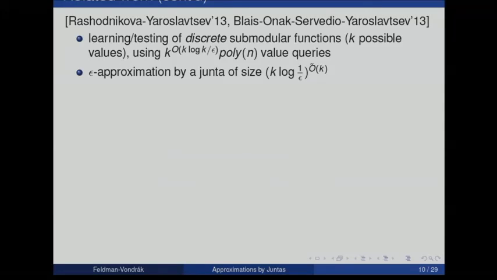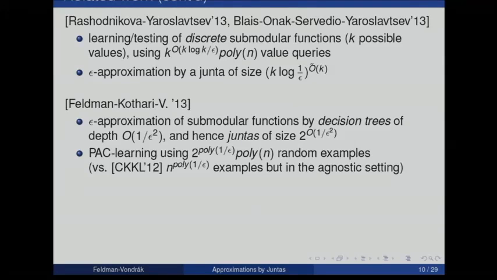And the size of the junta is roughly k to the k, with some epsilons involved as well. So they basically asked the question, how well can we approximate these functions by juntas? And there's a natural connection, because if you know that you can approximate well and you can also discover what the variables are, then you can learn the function well. So that's a natural question in this context.